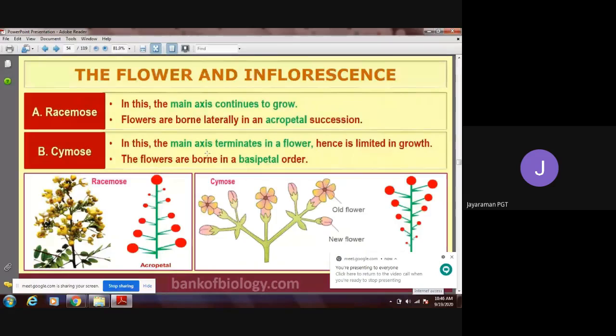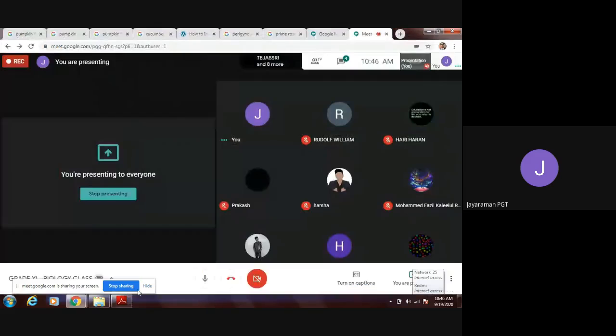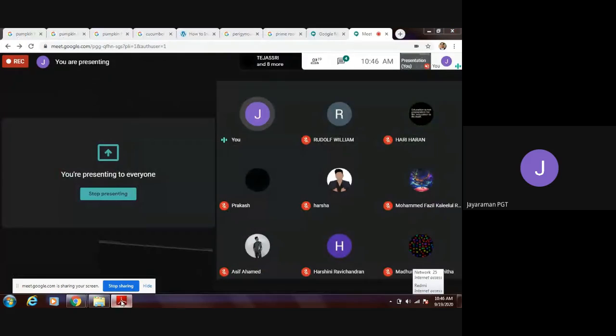Acropetal means towards the tip, with the older flowers at the base and the young flowers towards the tip. Basipetal is opposite, with older flowers at the top and young flowers at the base. You can see in this picture, the older flower at the tip and the buds at the bottom base is called basipetal succession. Based on this, you can differentiate cymose and racemose, which we discussed.